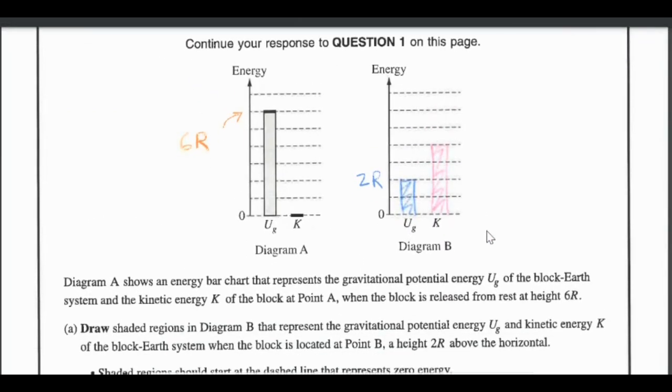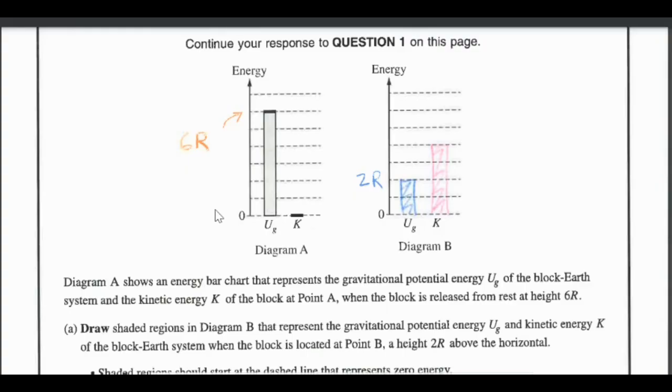It's asking us to draw in diagram B, basically coloring in the amount of gravitational potential energy and the amount of kinetic energy. And when I took a look at my first bar graph over here, I noticed that it went up 1, 2, 3, 4, 5, 6 dashes up the chart. So it was a 6r height, which means that each little dotted line would be representative of a single radius.